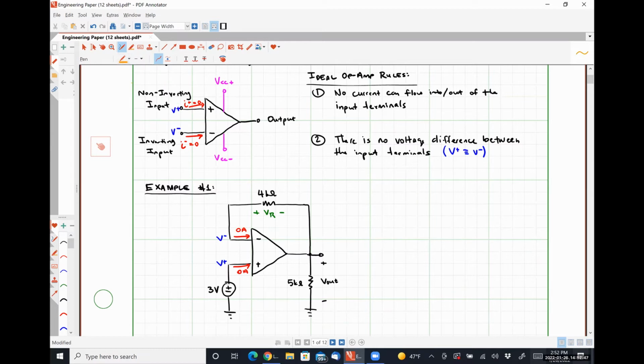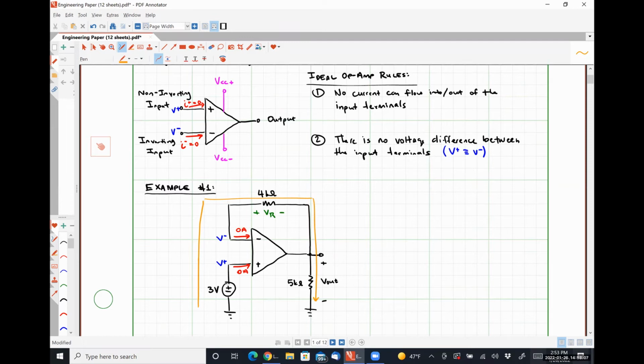That seems good. I can do Kirchhoff's voltage law around this path, where I'm starting at ground and I'm ending at ground. So it's a complete loop.